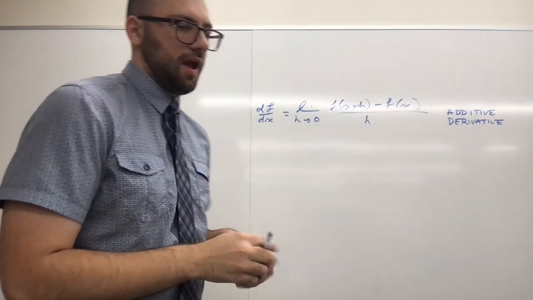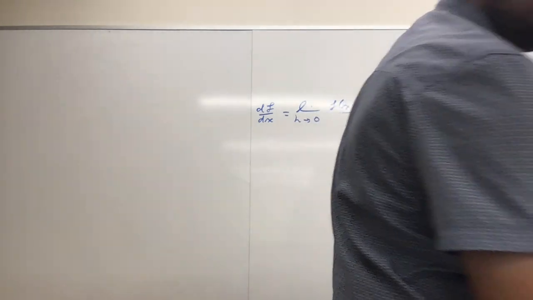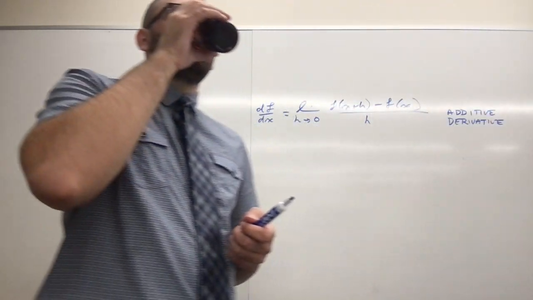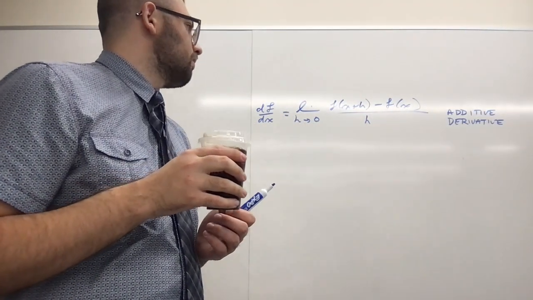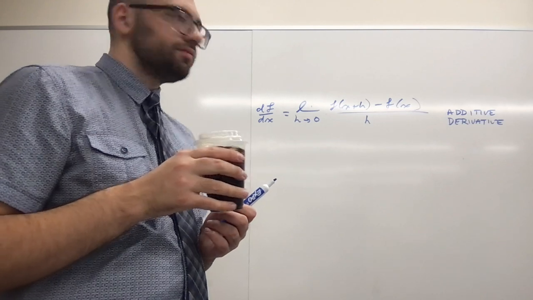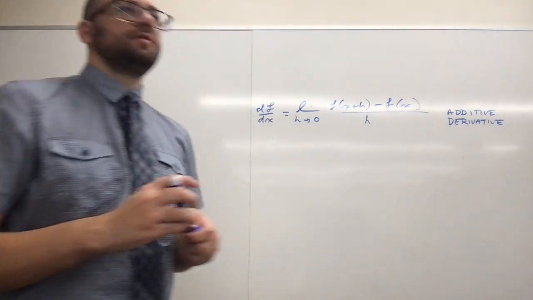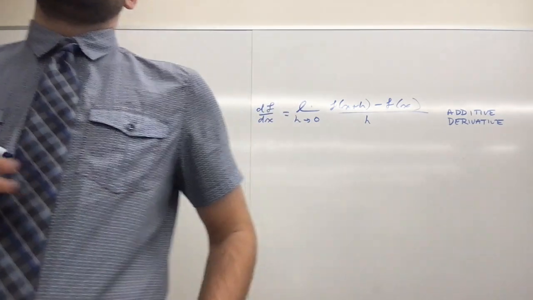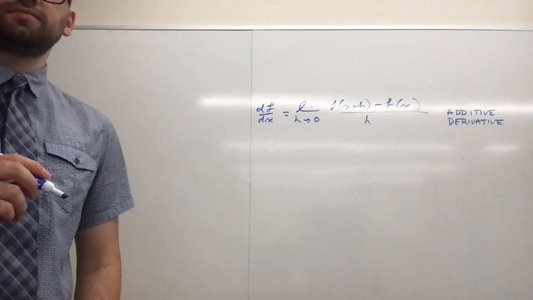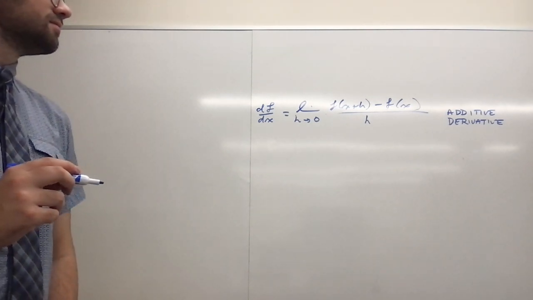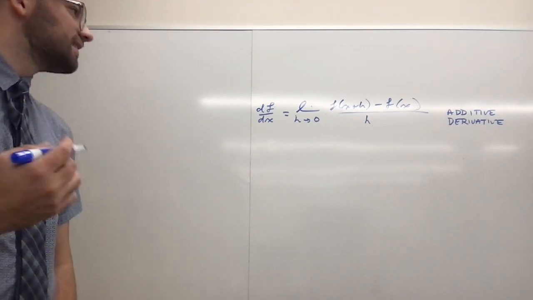Why do you think we call it an additive derivative? Is it because it's x plus h? Yep. Can you think of an alternative? x minus h? Would you have to switch them around?